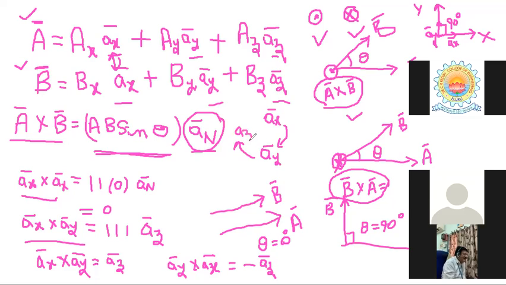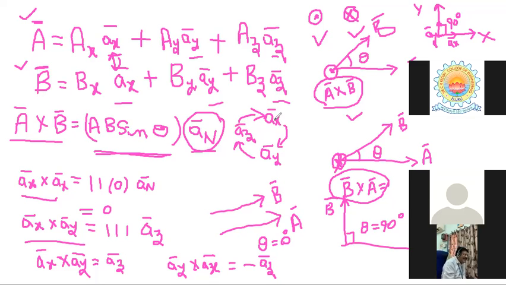You represent the directions in clockwise. That means ax, ay, az. So these are the three unit vectors. Now I will tell you how to remember the cross product between these vectors.